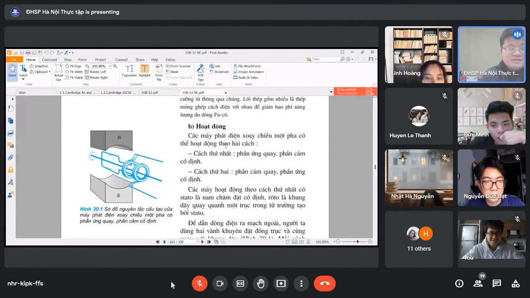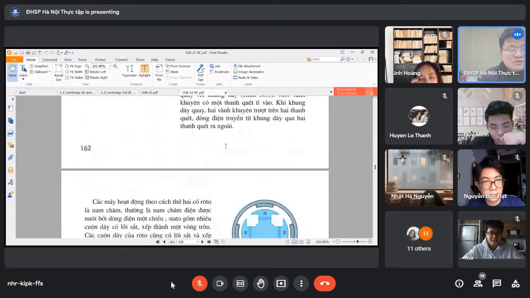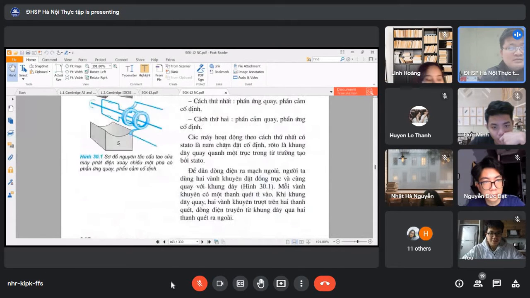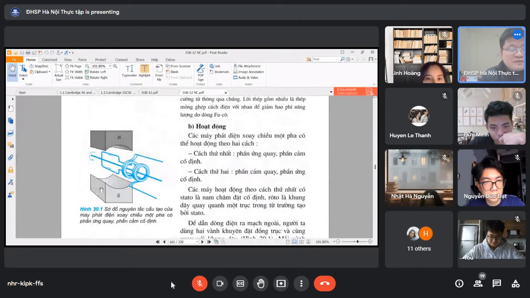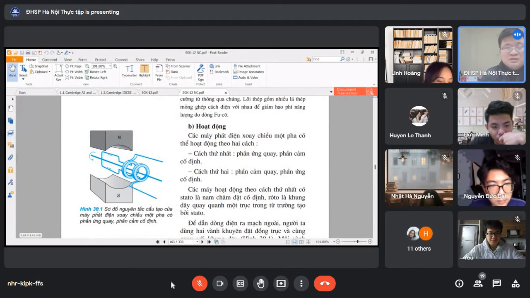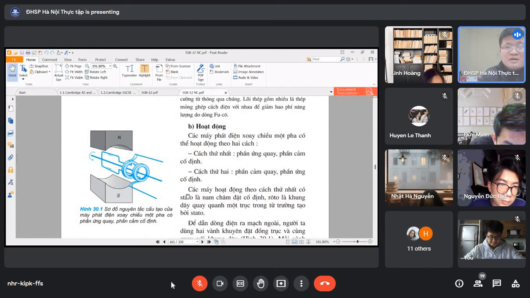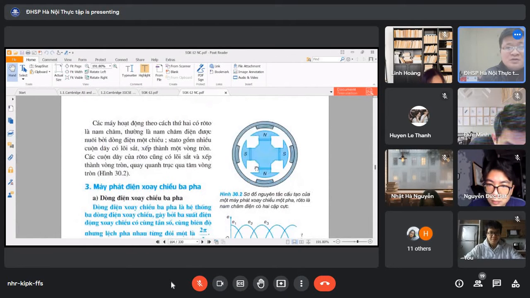And here is how they are arranged relative to each other. And as a model, for example, figure 30.1 is not just a machine, it's a model for students to understand the basic components of a certain machine. But the real machine is a lot more complicated than that.